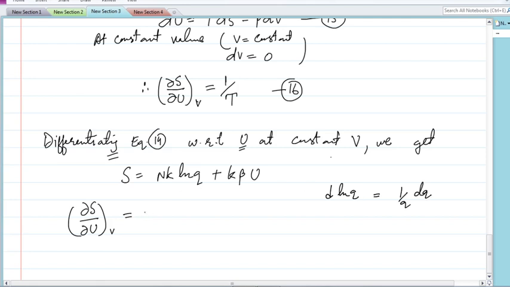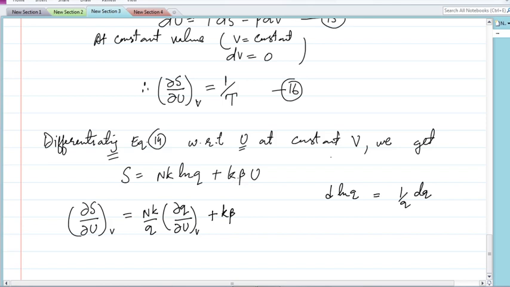We will write it as Nk upon Q and dou Q upon dou U at constant volume, plus k beta, and it is basically a uv function now.